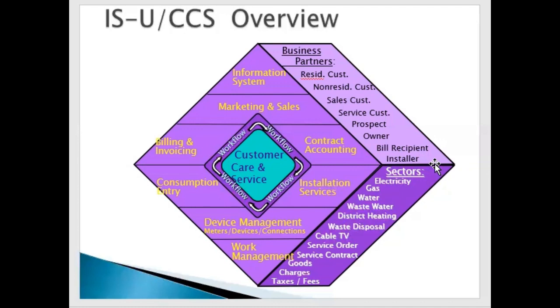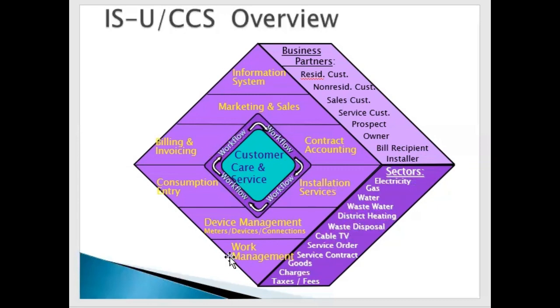Like someone's father is paying the electricity bill for his daughter or son who is staying at a different address. So they are also a customer, bill recipient, and the installers. Okay, so these we'll discuss in detail when we create the master data in the system, and in the system we'll create all those and different relationships also with the customer.